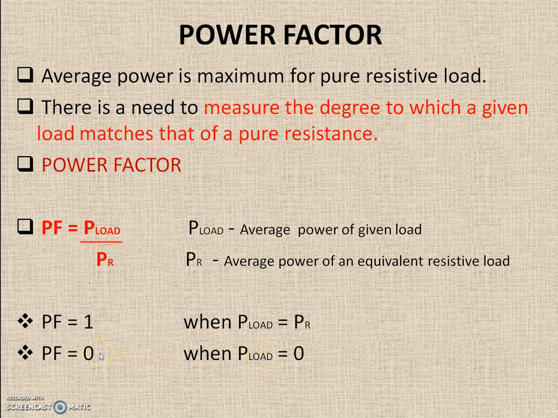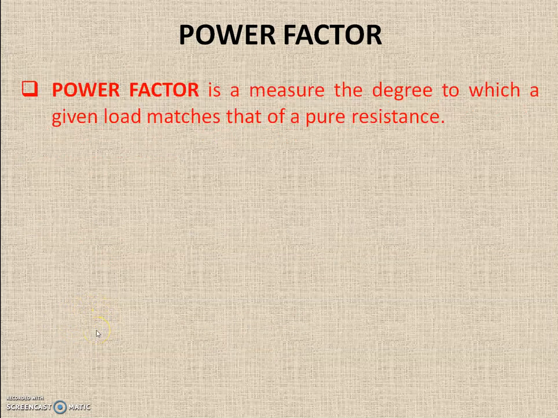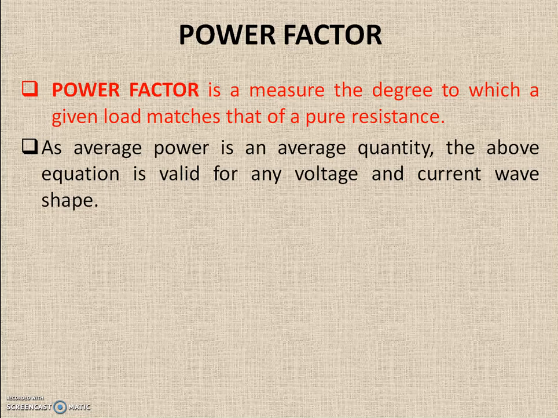So the power factor ranges from 0 to 1 depending on the type of load. The most perfect value is 1 when it is a pure resistive load. So you can define power factor as a measure of the degree to which a given load matches that of pure resistance.